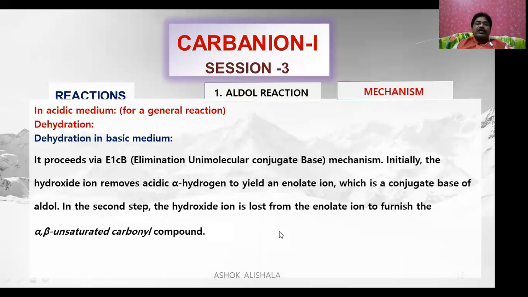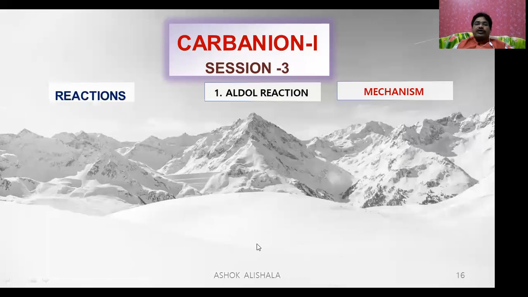It proceeds via the E1CB mechanism, that is elimination unimolecular conjugate base. Initially, the hydroxide ion removes the acidic alpha hydrogen to yield an enolate ion, which is the conjugate base of aldol. In the second step, the hydroxide ion is lost from the enolate ion to furnish the alpha beta unsaturated carbonyl compound.